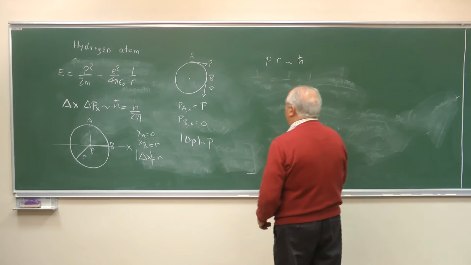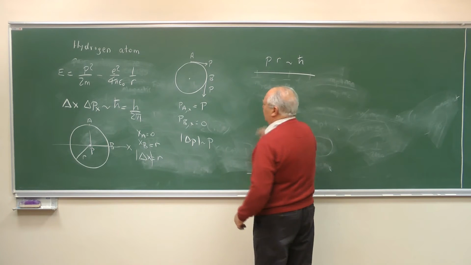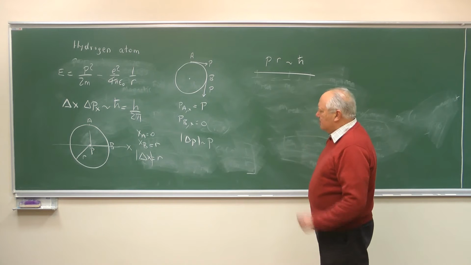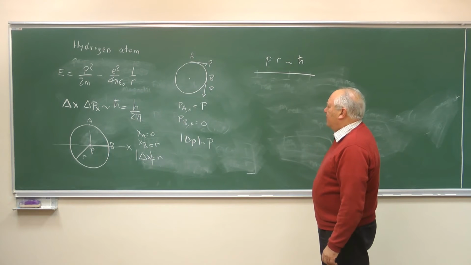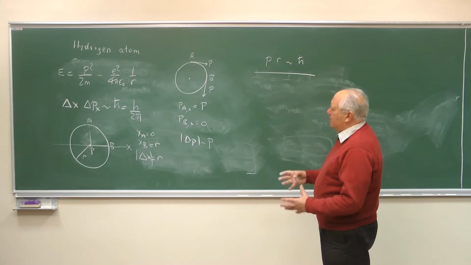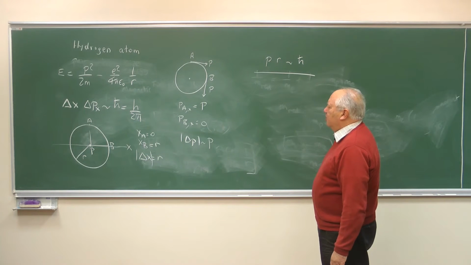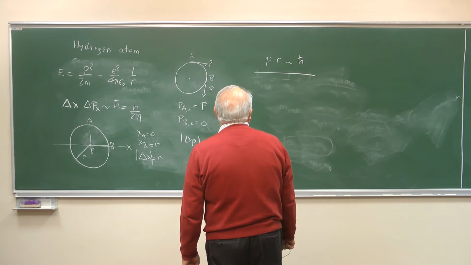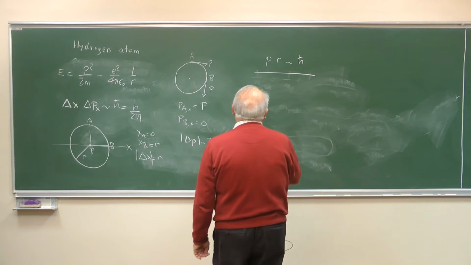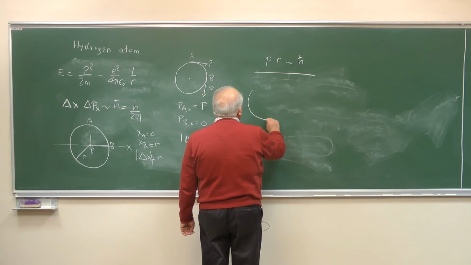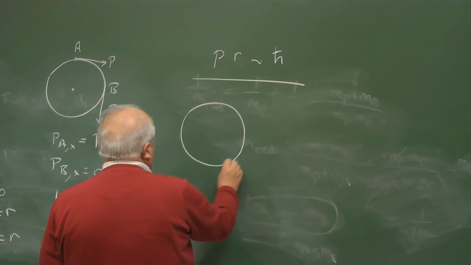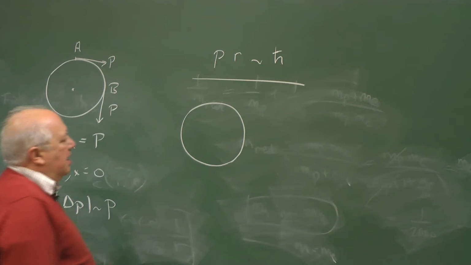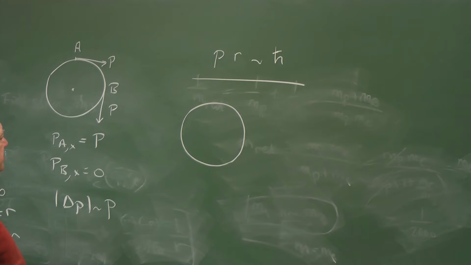However, this is too simplistic a picture, and this was modified by, well, de Broglie, who improved upon Bohr's old quantum theory, and he said that if you are talking about the steady states of these atoms, then in this classical orbit, there must be a full number of wavelengths.